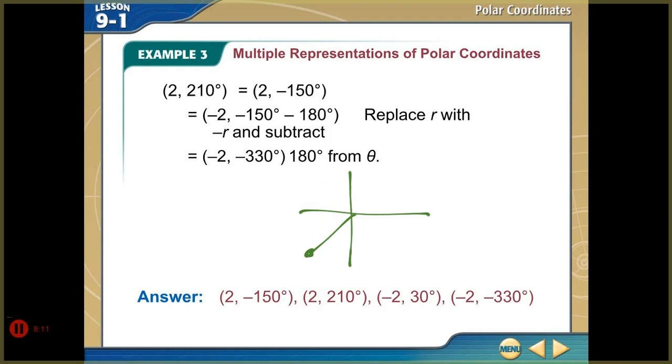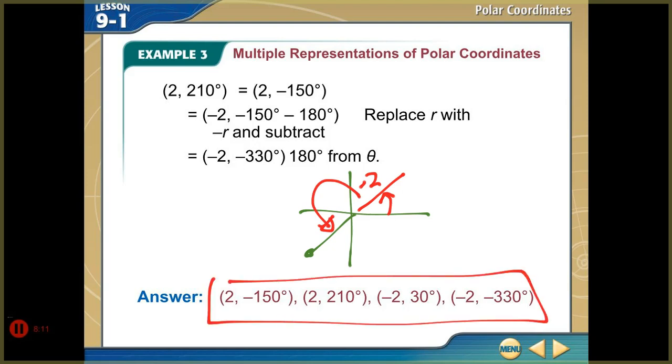If r is negative, in this case it would be -2, right? That angle there is going to then make that flip onto that same point. So that's kind of what we did to get those ordered pairs that are at the bottom. Those are 4 points that are going to be the same location as the original.